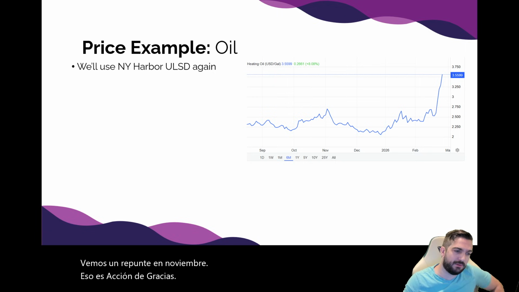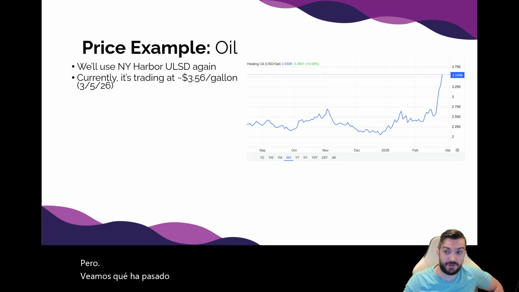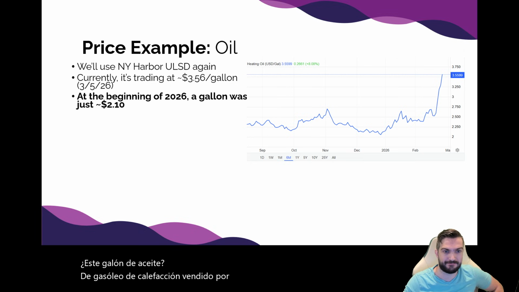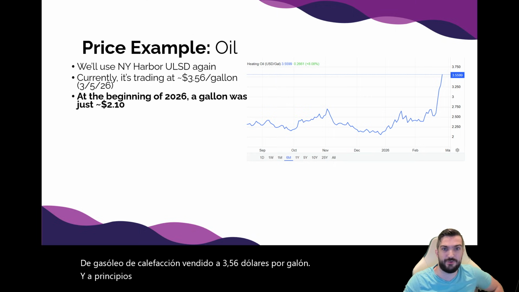But let's see what's happened in 2026. Because currently, this gallon of heating oil is selling for $3.56 per gallon. And at the beginning of 2026, a gallon was just around $2.10.